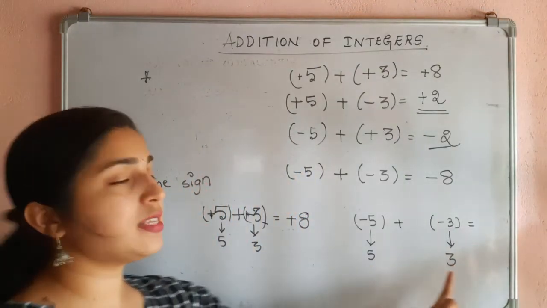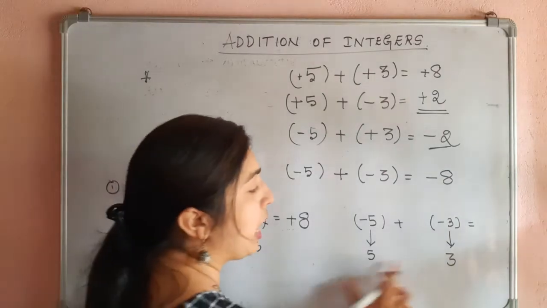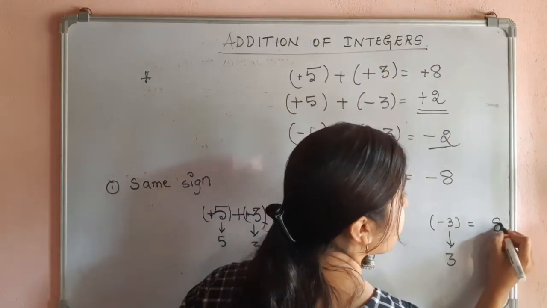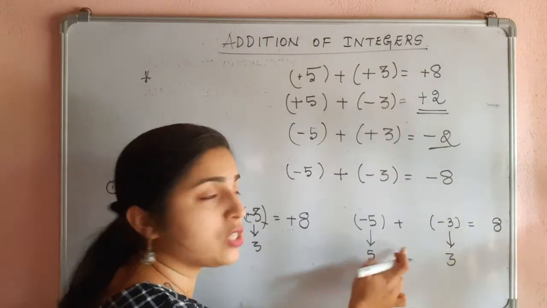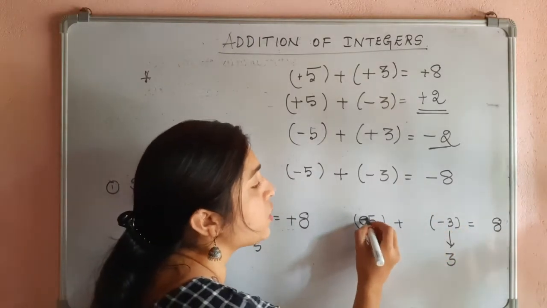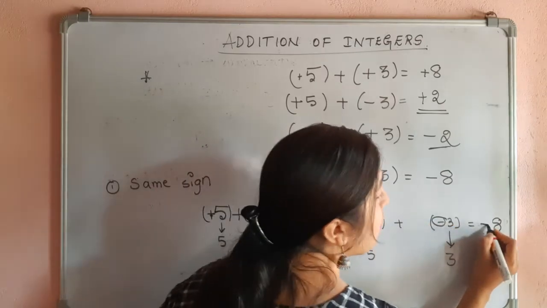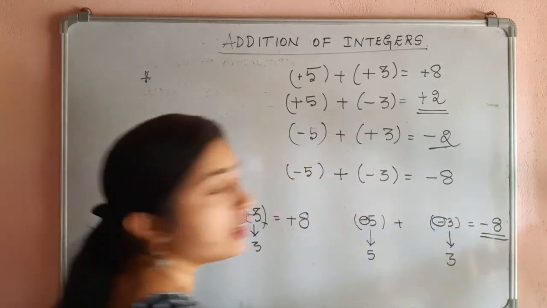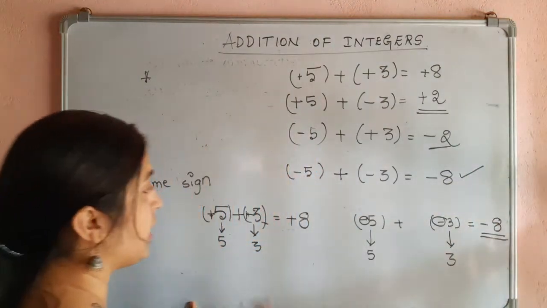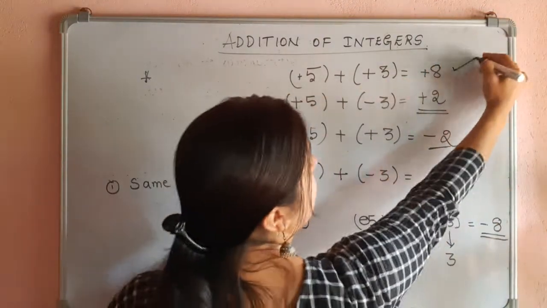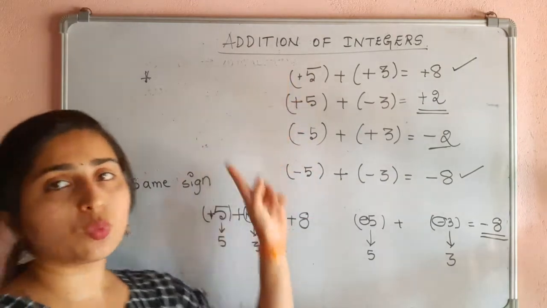Now I will take the sum of these two, that is 5 plus 3, it gives you 8. Now I have to place the sign which is common to the integers. Minus is common to both, so I will take minus 8. So this is the result. Minus 5 plus minus 3 is minus 8, plus 5 plus 3 is plus 8. So this is one case.